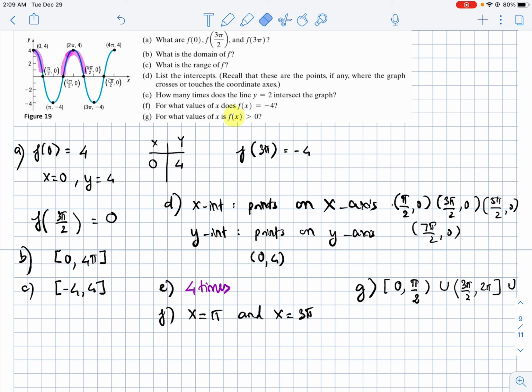Now let's answer this piece. Oh, by the way, we can put them together. That piece is the whole thing, so we can put them together. That will be from 3 pi over 2 to 5 pi over 2. And then this one, from 7 pi over 2 to 4 pi.